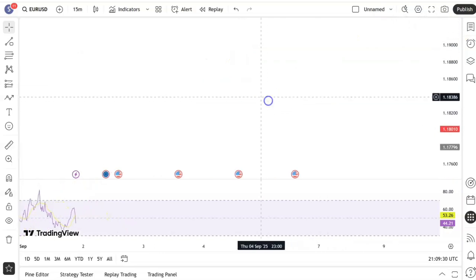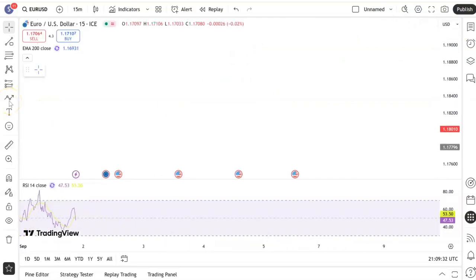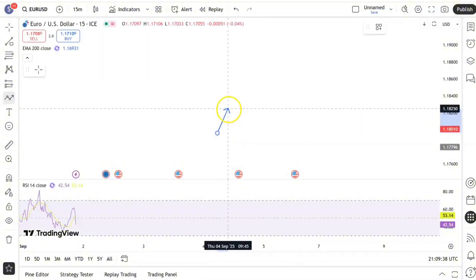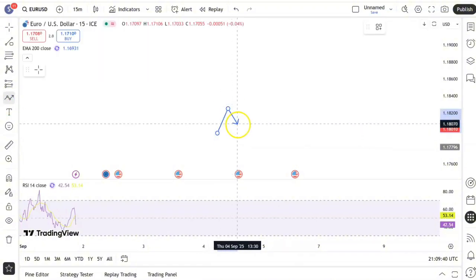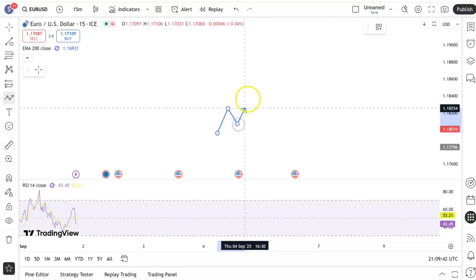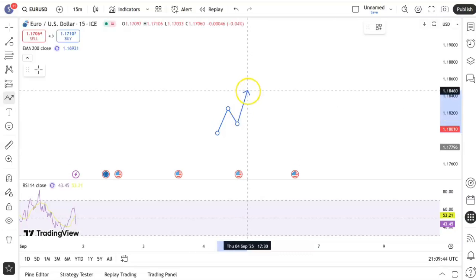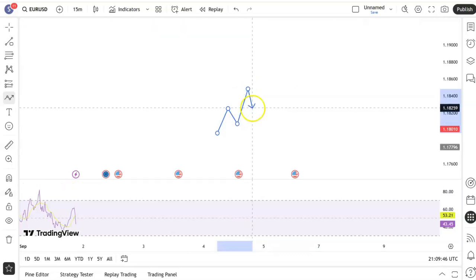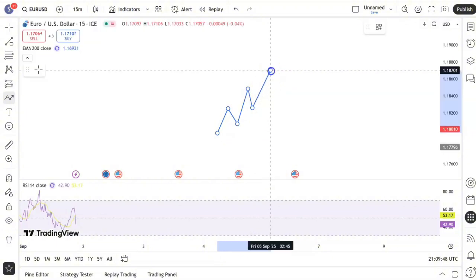So now let's read what is happening when the price is trending up. We can see an impulsive movement, then a price correction, followed by another impulsive movement, price correction, another impulsive movement, price correction, and so on.